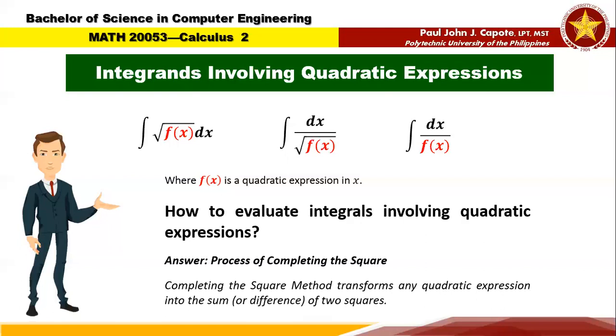Recall that the completing the square method transforms any quadratic expression into the sum or difference of two squares.